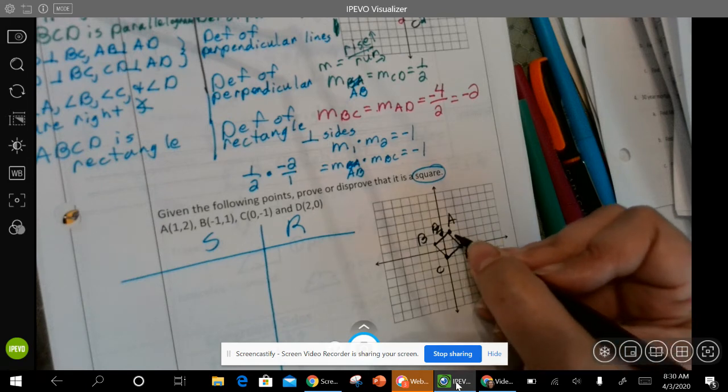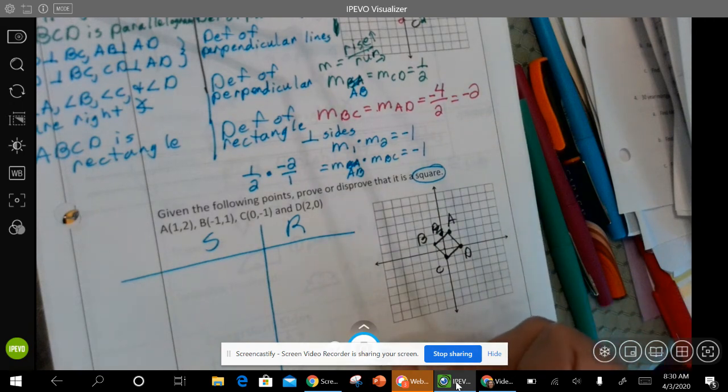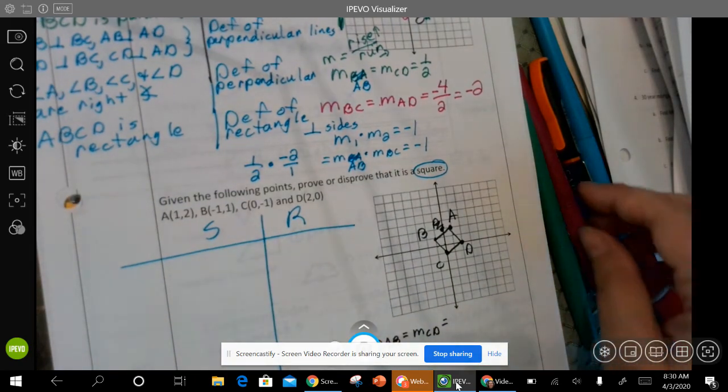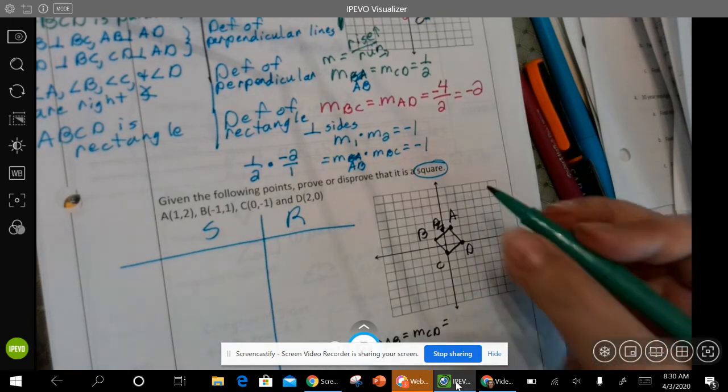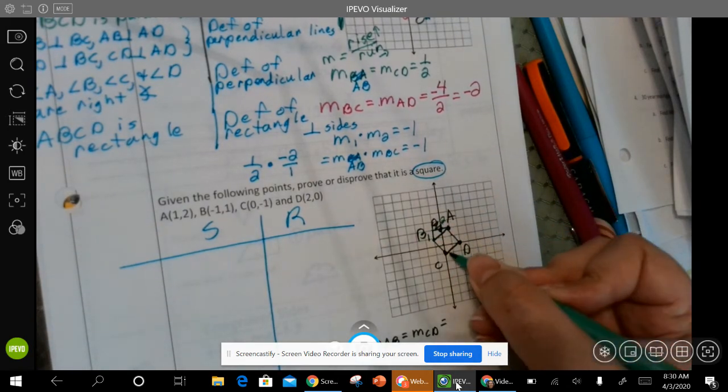Okay, so we got this, everybody. So of course we need to prove that the slopes are parallel. So the slope of AB is equal to the slope of CD. You can definitely use, like I said, everybody, it's totally up to you. I'm using rise over run, so 1 over 2, 2 over 1.